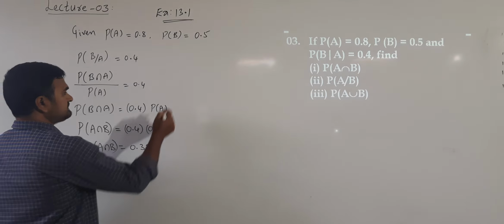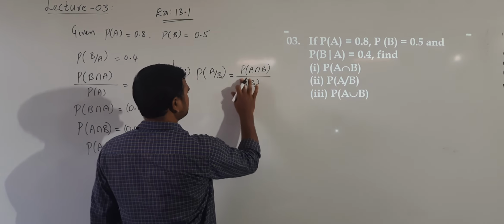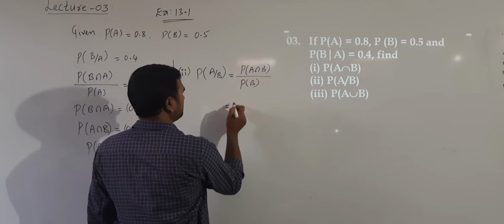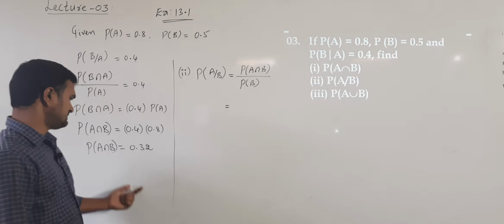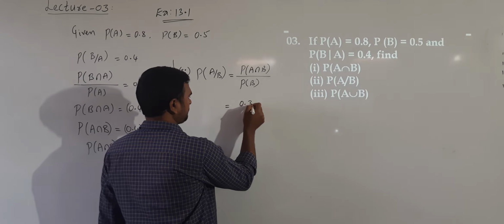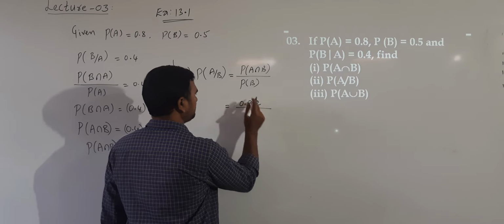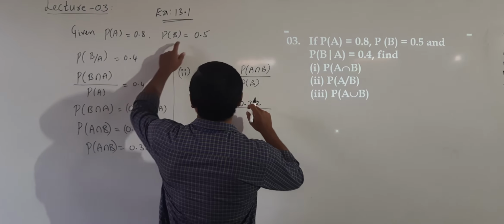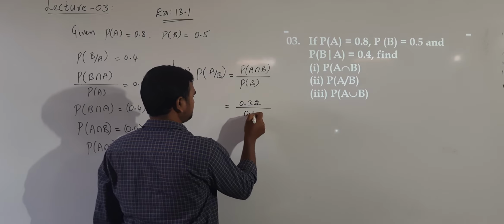Next, second part. Probability of A given B we have to find. By definition of conditional probability, it can be written as P of A intersection B divided by P of B. Numerator P of A intersection B, just now we found 0.32, divided by P of B, which is 0.5.